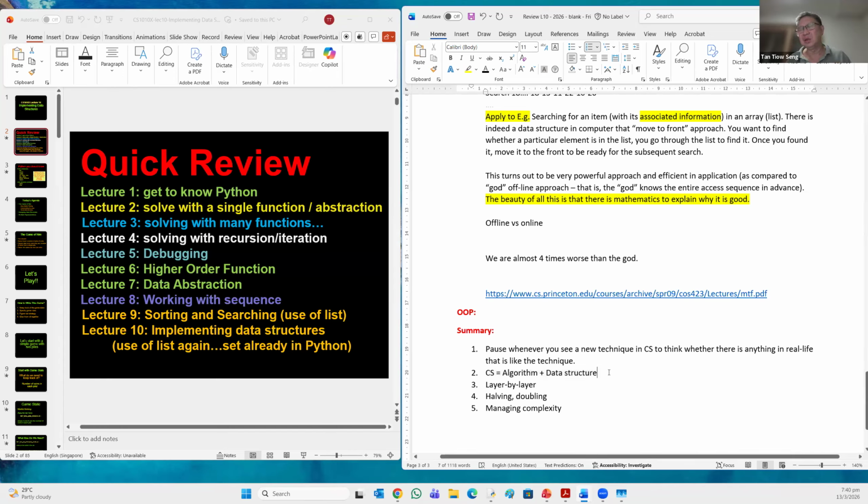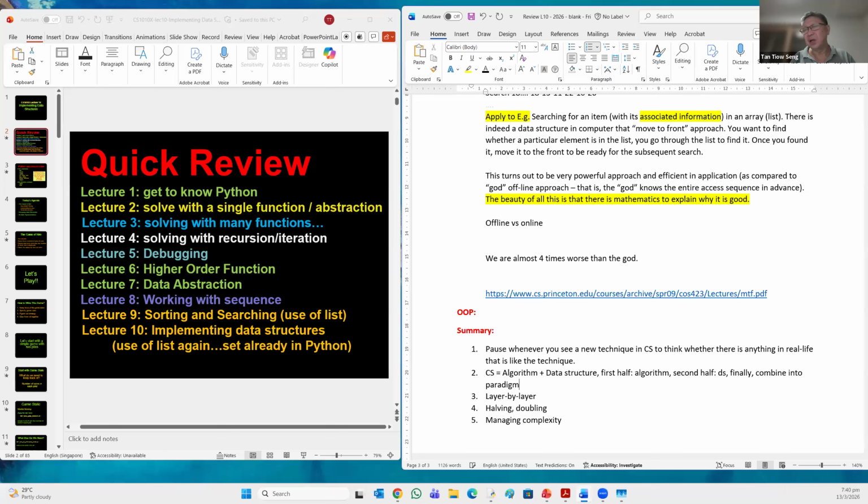So the first half is algorithms, the second half is data structures, and then finally they combine into algorithmic paradigms. Basically, you have standard ways of doing things with standard data structures that you must have.